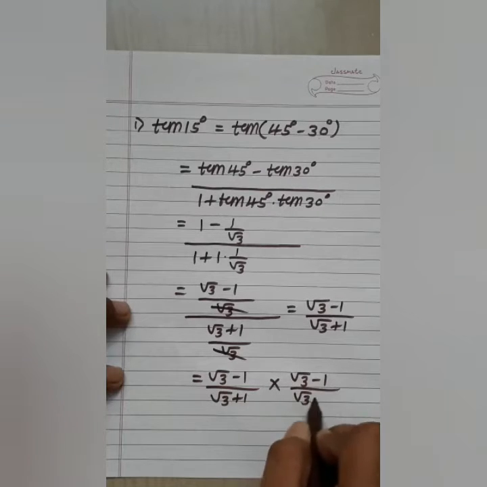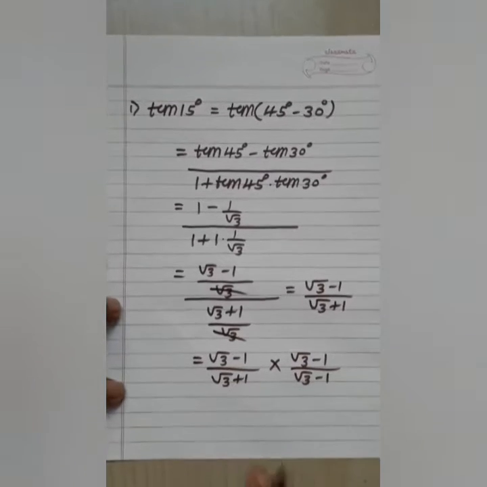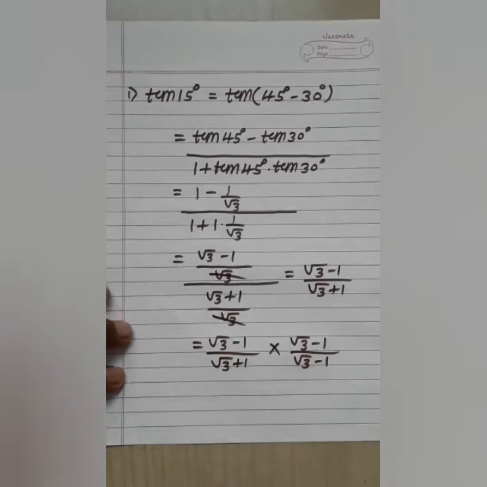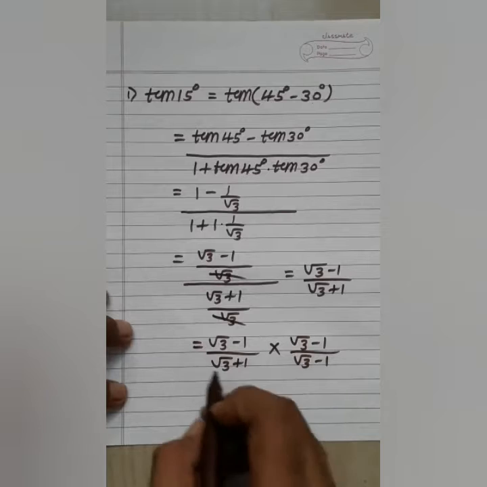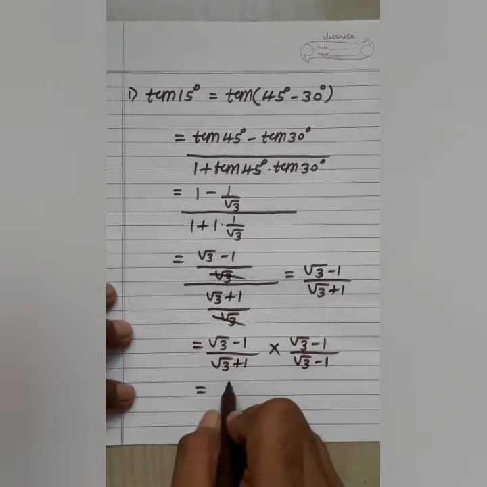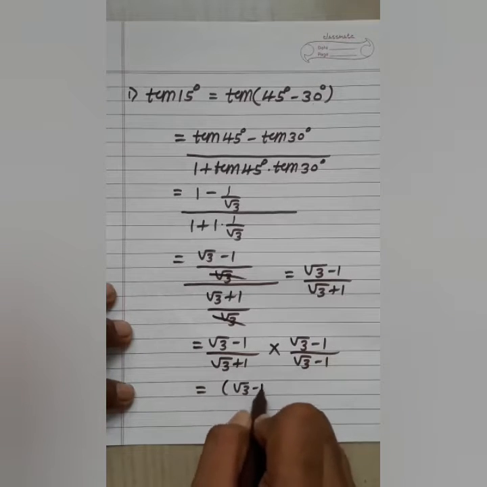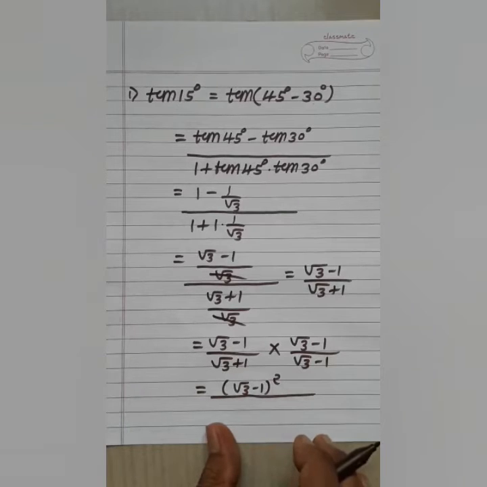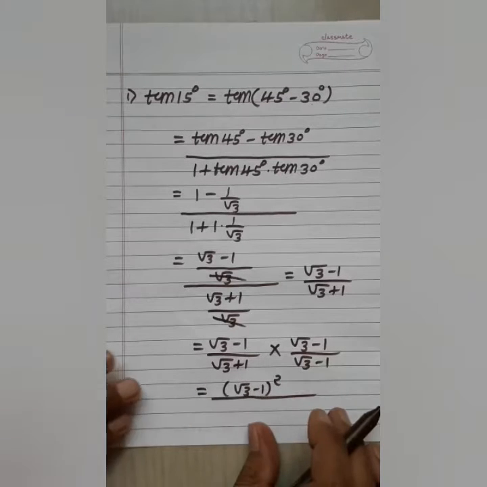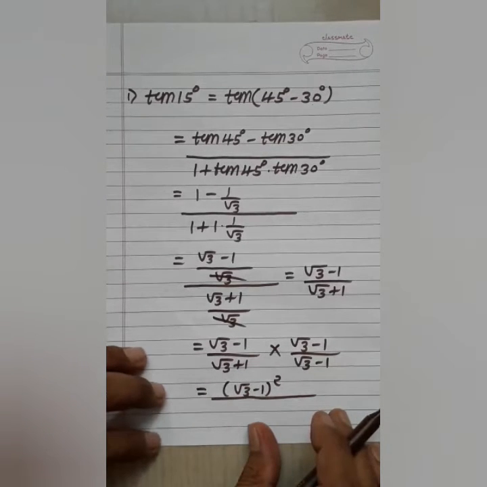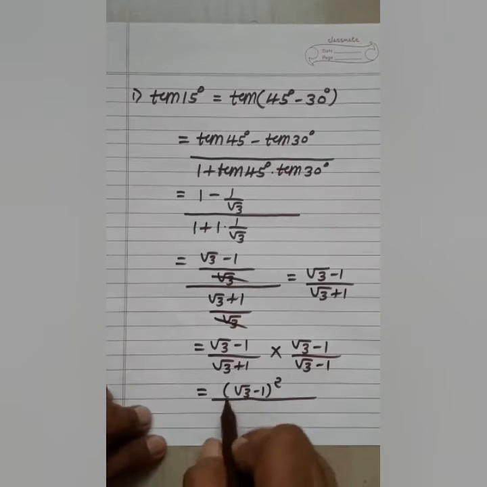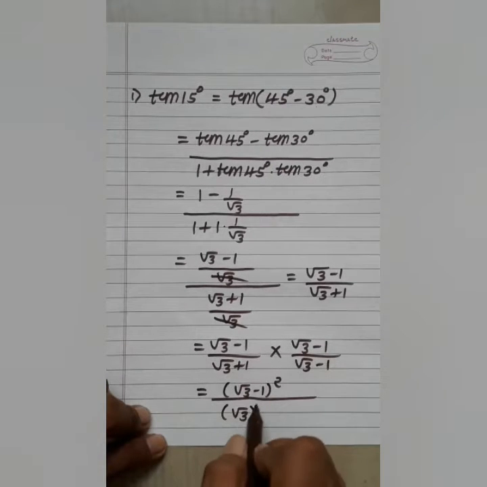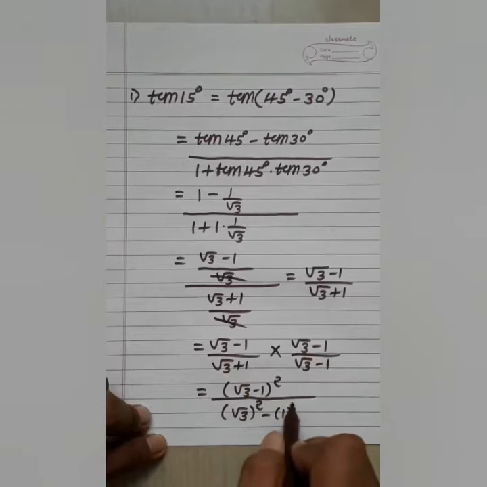Both these terms are the same, so in the numerator we can write under root 3 minus 1 whole square, upon, in the denominator, under root 3 plus 1 into under root 3 minus 1. Here apply the identity (a plus b)(a minus b), that means under root 3 whole square minus 1 whole square.